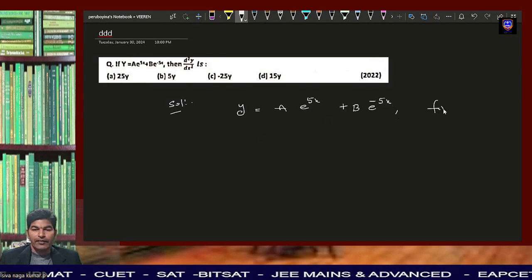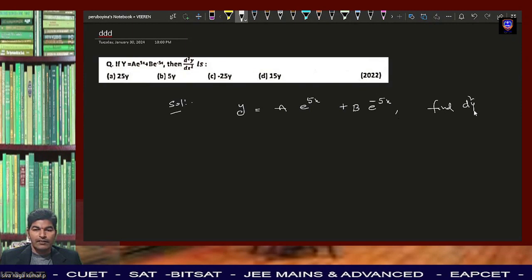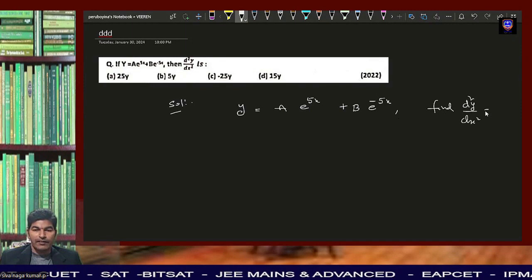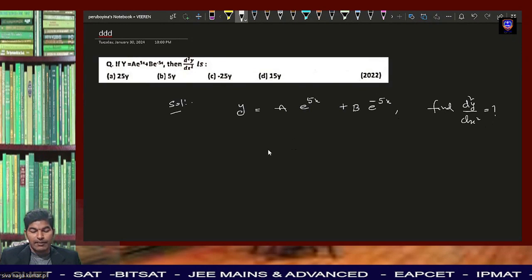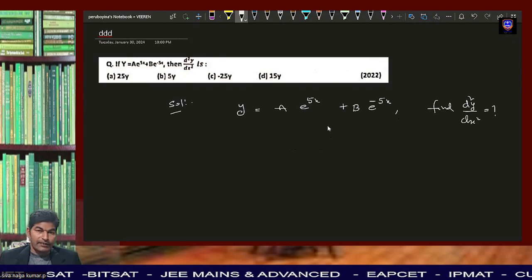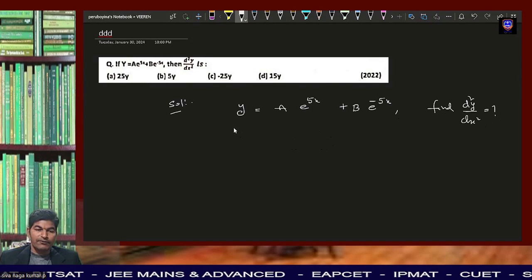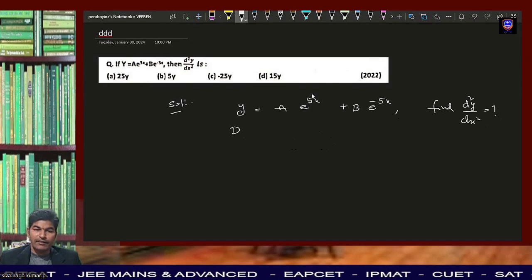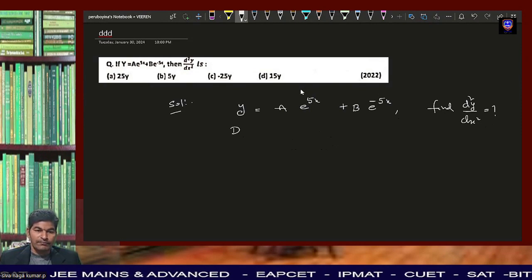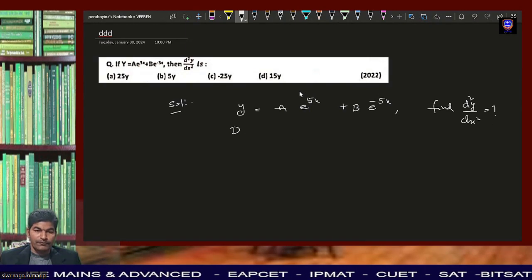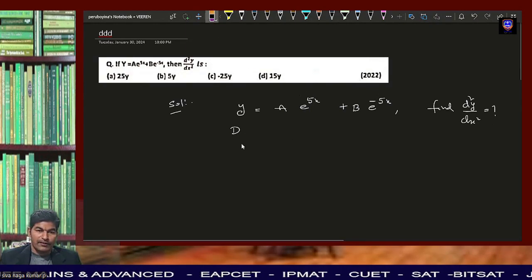Then find d square y by dx square. That means he is asking about the second derivative. First, what do we have to do? It is a multiple choice question, so we will do direct operations on this.